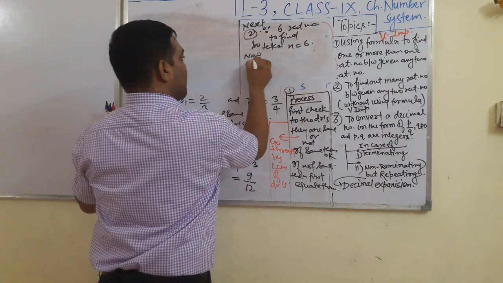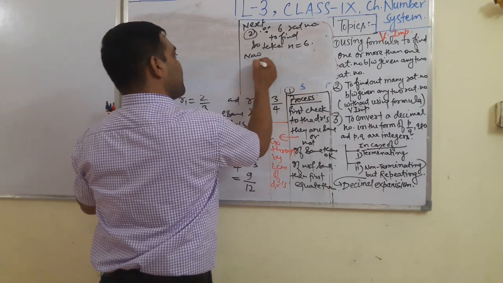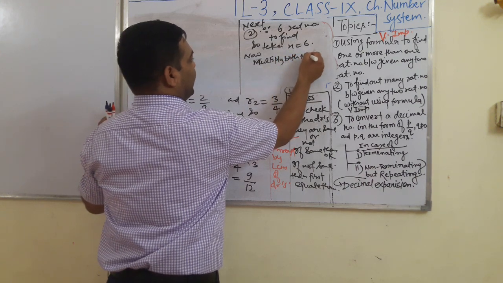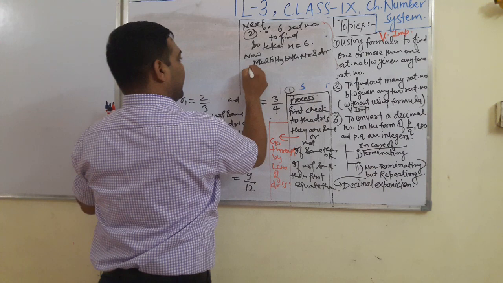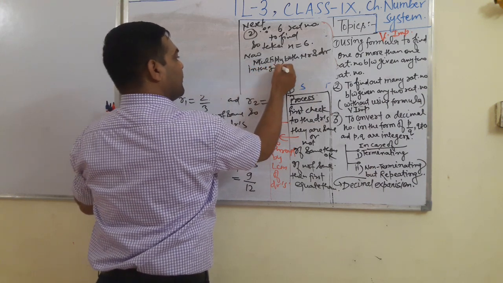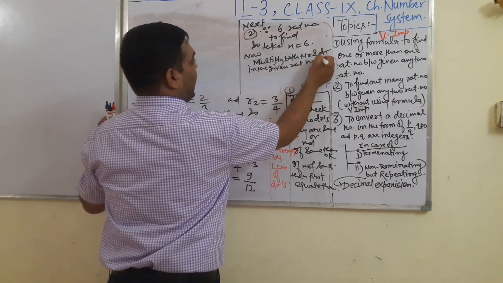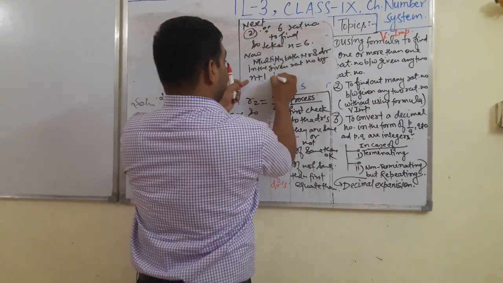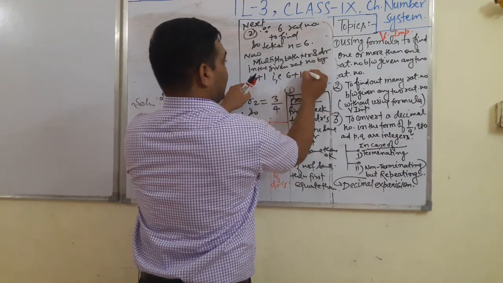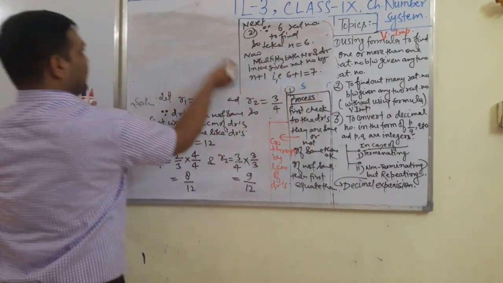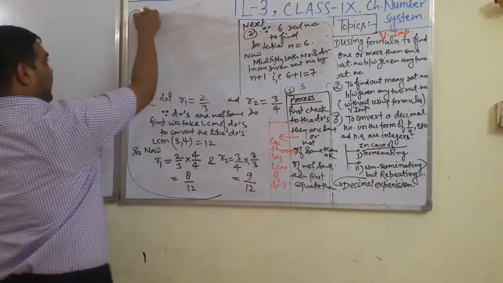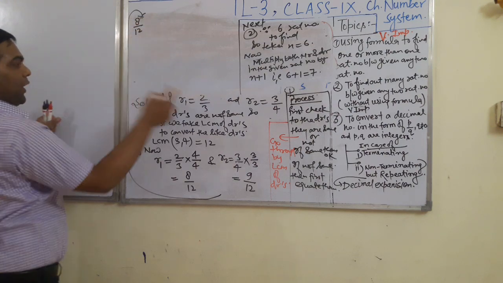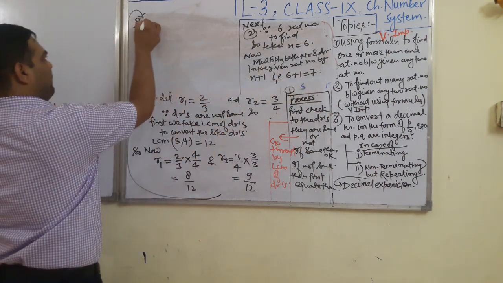Now multiply both numerator and denominator in the given rational numbers by n plus 1. Add 1 to this given number, that is 6 plus 1, that is 7. What will you get? See, I am going to continue the solution over here. So now what could it be? 8 by 12 is going to be multiplied by n plus 1, which is 7.